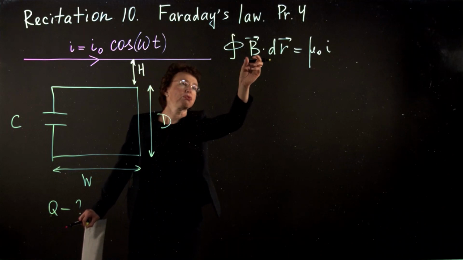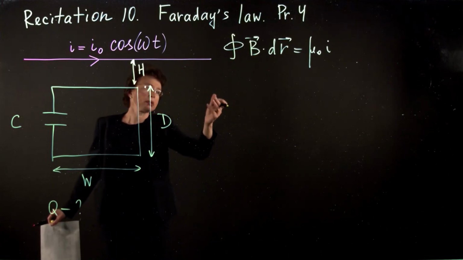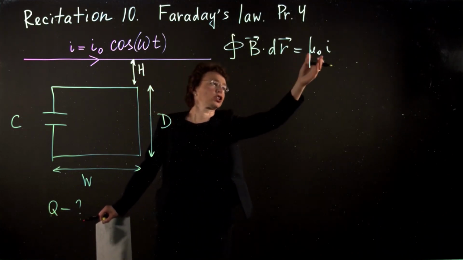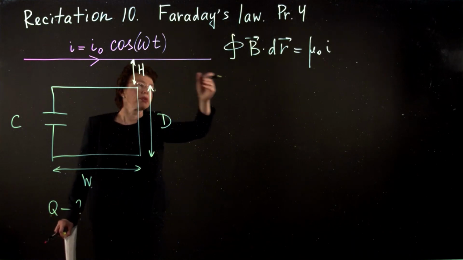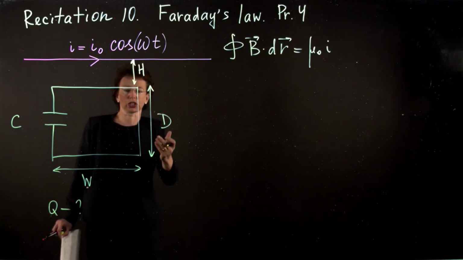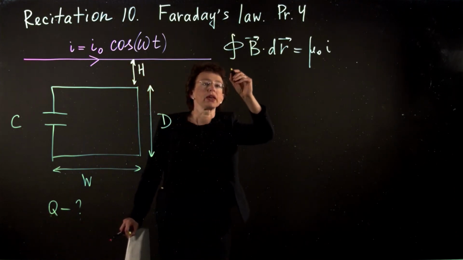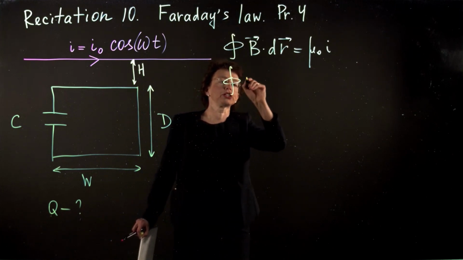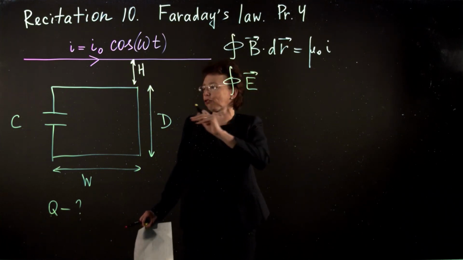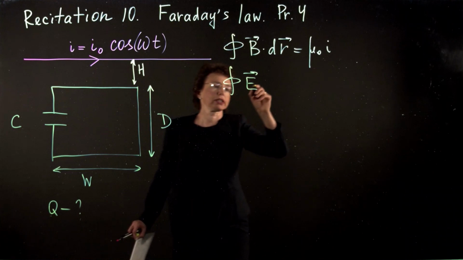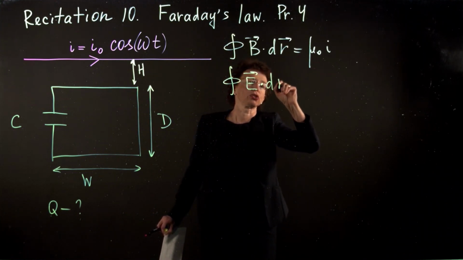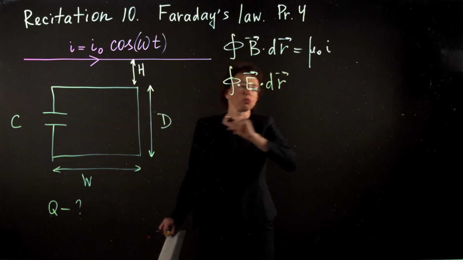And when we find this magnetic field, we will realize that since current is a function of time, then the magnetic field will be a function of time, which means that there will be non-zero flux of the magnetic field in this circuit that will generate current through this loop.